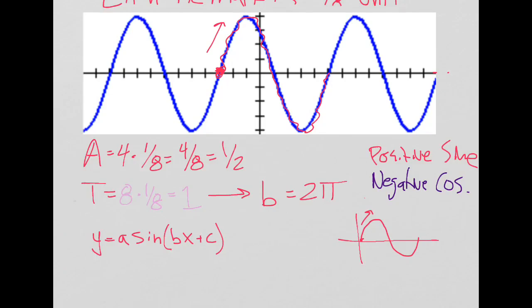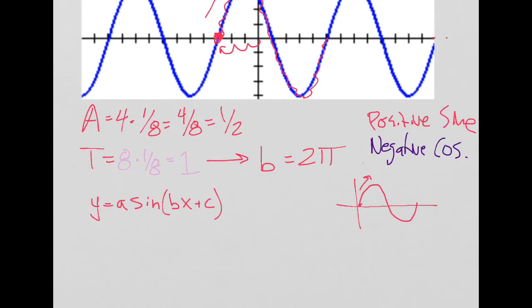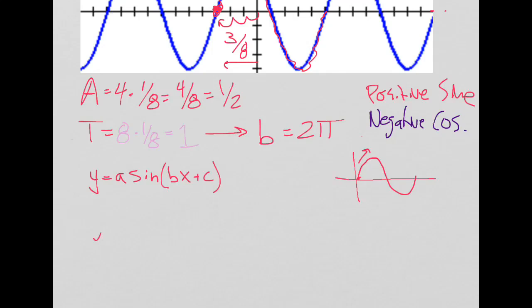And how far over is that from the origin? Well, I've gone 1, 2, 3 tick marks to the left. And remember that each tick mark is 1/8, so I've gone 3/8 to the left. And so I can write this equation as y equals my amplitude, which we found to be 1/2, times the sine of b, my coefficient, which we found to be 2 pi, times x, and I'm going to write it factored.